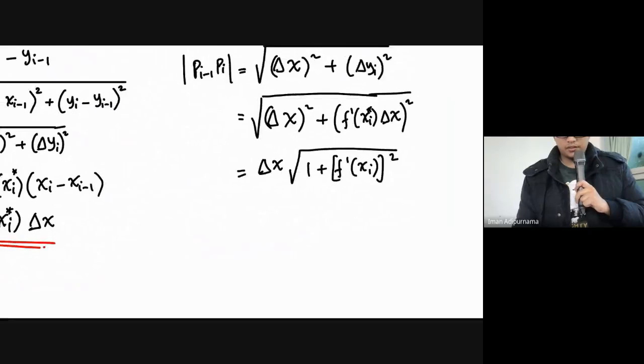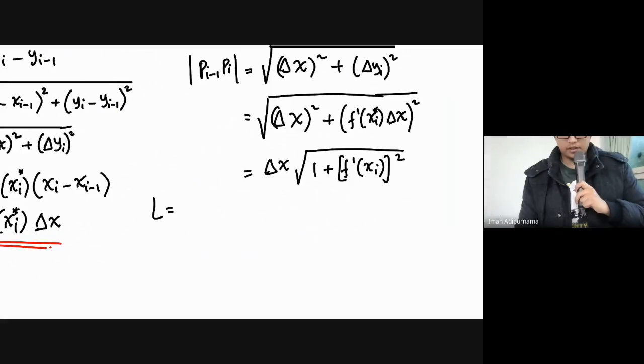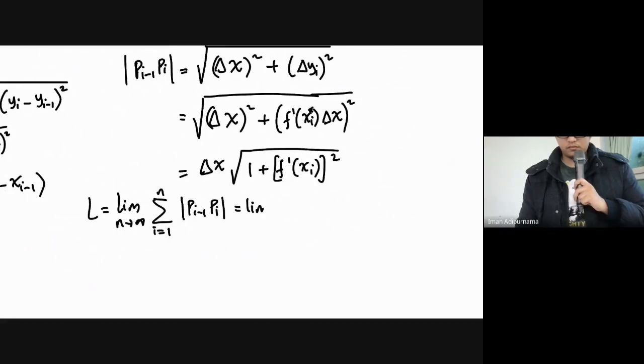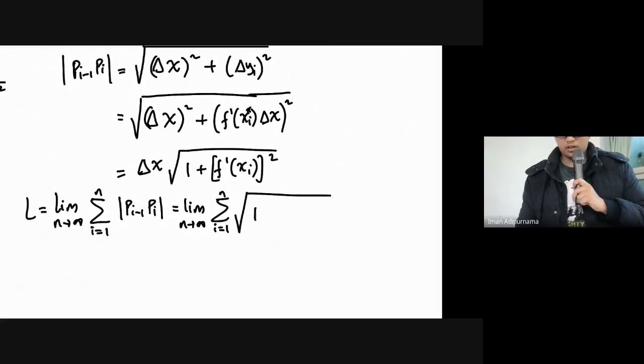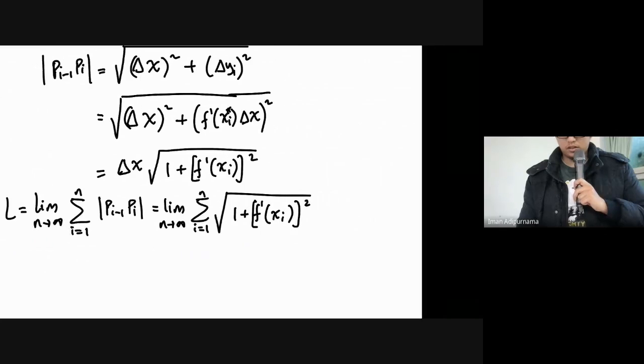Now we can write the formula as a limit: L is the limit as n approaches infinity of the sum, so we add all the segments, and we get this, times delta x.